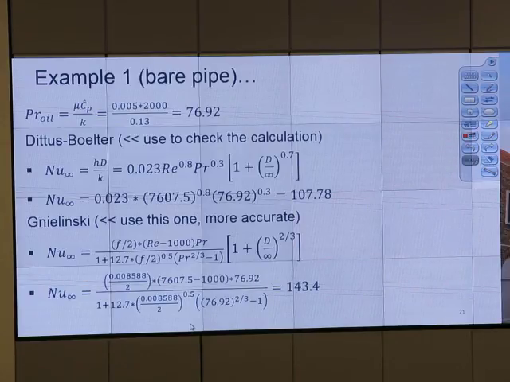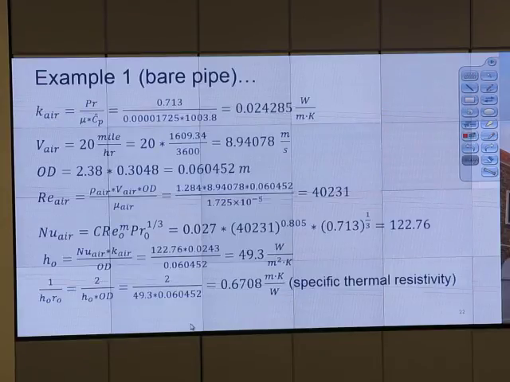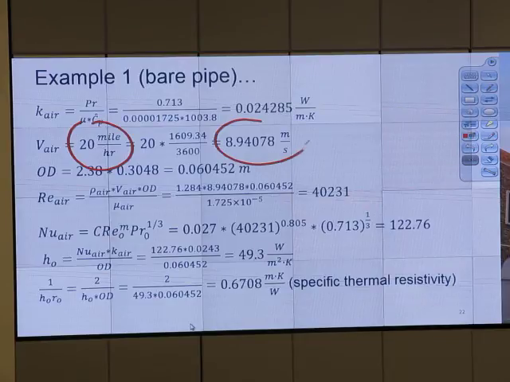After I get Nusselt number, I get hi, right? Then I calculate the one outside. Thermal conductivity, I get from the Prandtl number definition, and I get the Reynolds number of air outside. That's the density and velocity of air outside, converted from 20 miles per hour to meters per second.